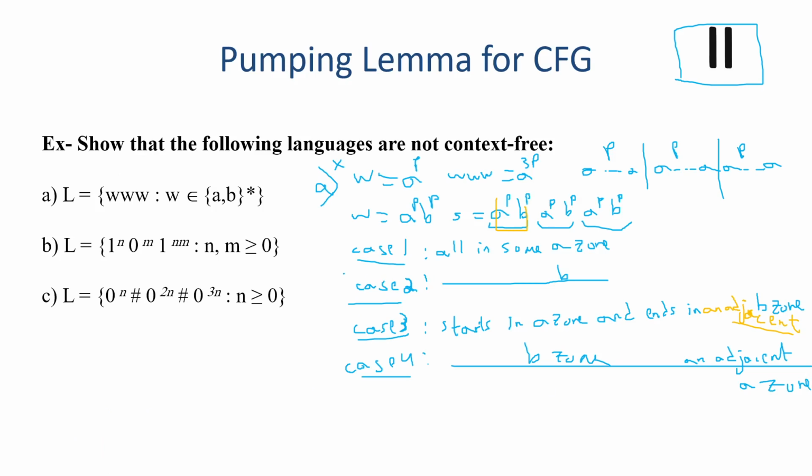However, maybe let's just do one for each, because even for each case, there are so many subcases. Like case 1 has 3 subcases. Is it this A? Is it this A? Is it this A? Case 2 has 3 Bs. Now I could argue that if you do one for case 1, that's enough. But I could even argue, if you do one for case 1 and case 2, that's sort of enough, right? And case 3 and case 4 are similar too.